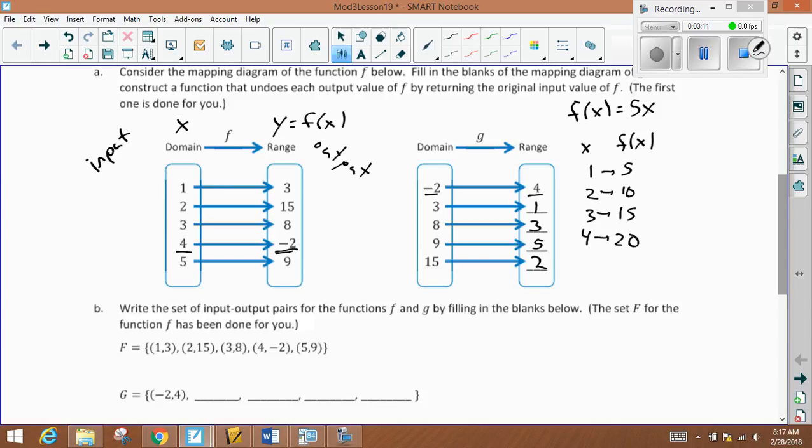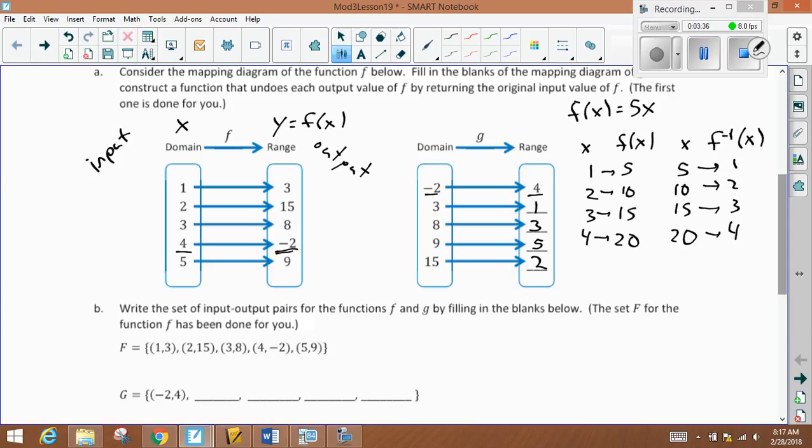Okay, well, I'm going to say the inverse of this thing, and I'm going to use some notation here, f inverse of x. It's going to be 5, 10, 15, 20, and that's going to output 1, 2, 3, and 4.